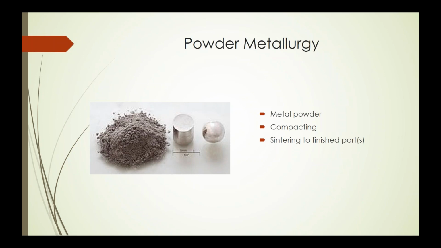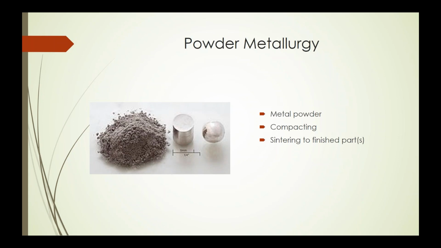Then you've put it through a compacting piece of equipment that not only presses on it from a pressure standpoint, but also induces temperature or places temperature on it and causes sintering. Sintering basically makes sure that all the powder particles melt together.